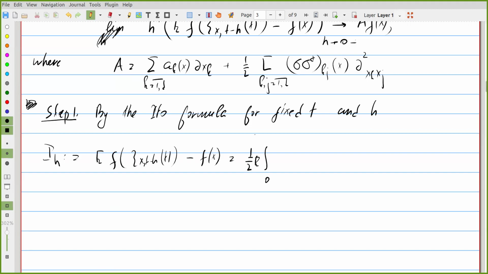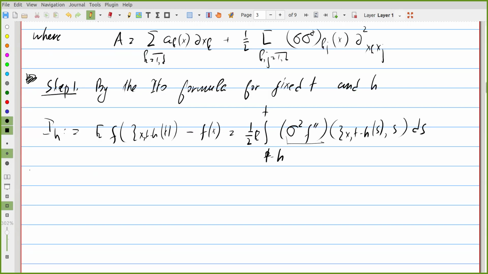Mathematical expectation, integral not from 0, but from t minus h to t, of sigma squared f second derivative calculated at the point x t minus h s, ds. Now this expectation is well defined because this is well behaved. Now step 2: I want to make a change of variables in this integral.